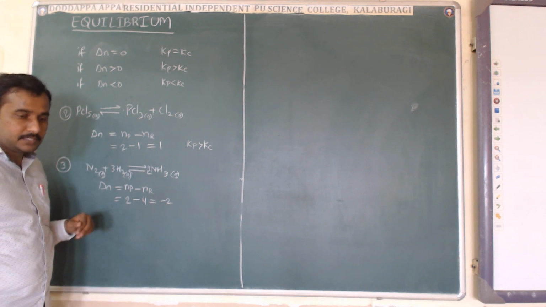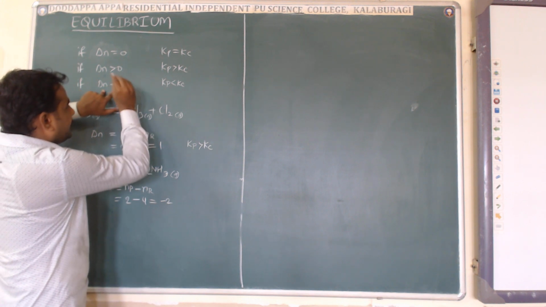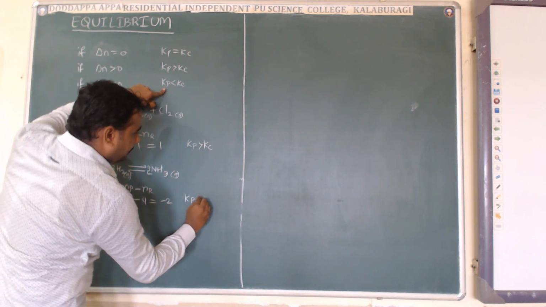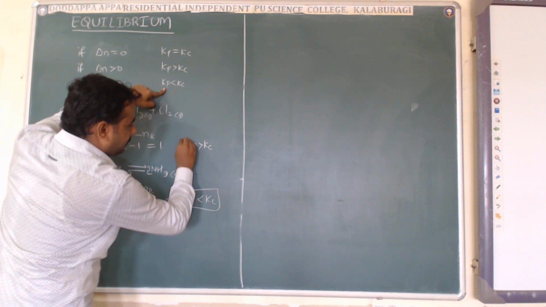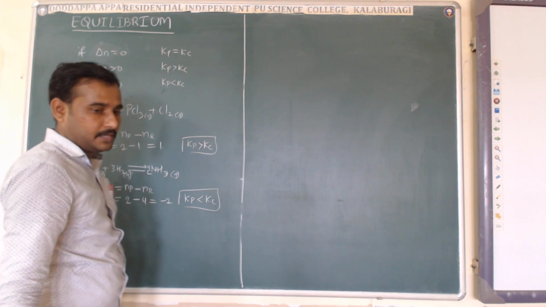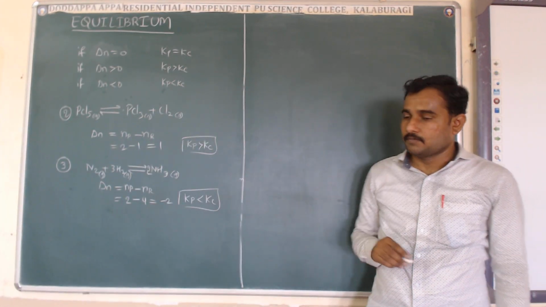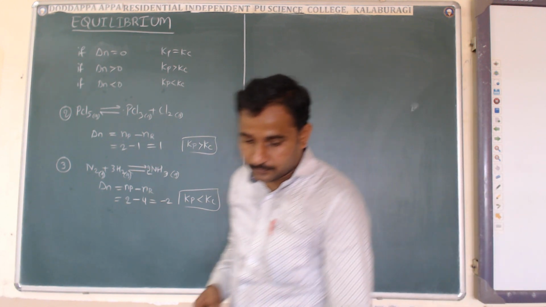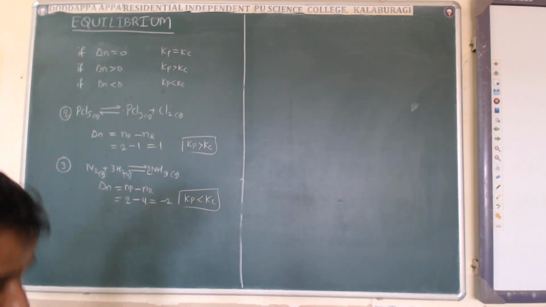It is less than 0. So delta n is less than 0, and then you write Kp is less than Kc. Like that we find delta n. Understood? Next there is one problem, and I will solve the problems.